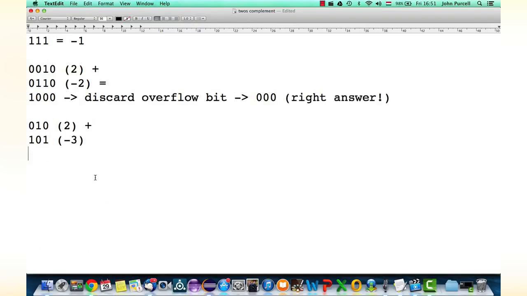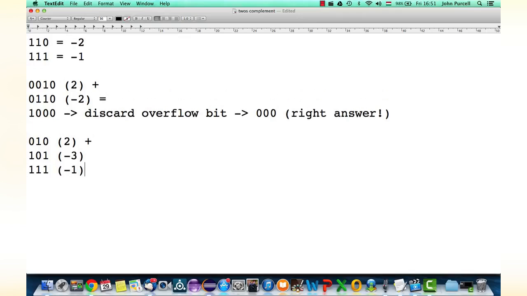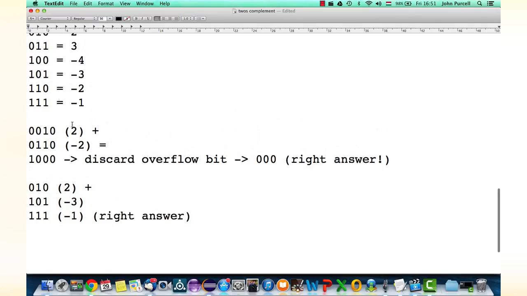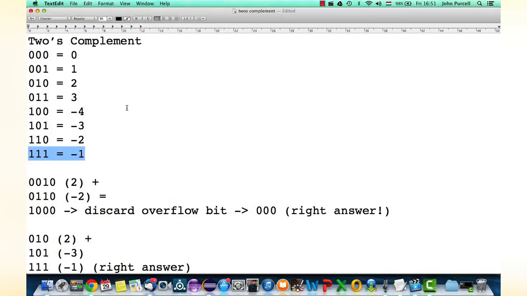Then we get from that 1, 1, 1. It's quite easy to see the answer. We're just adding 1s and 0s in each case, and 1, 1, 1 is minus 1. Right answer. So there we go. And yeah, adding 2 positive numbers or adding 2 negative numbers, it works just the same.